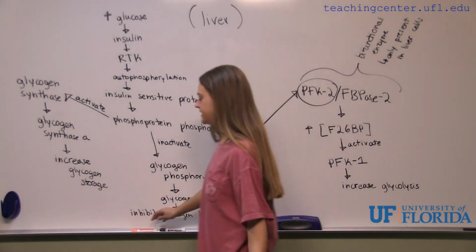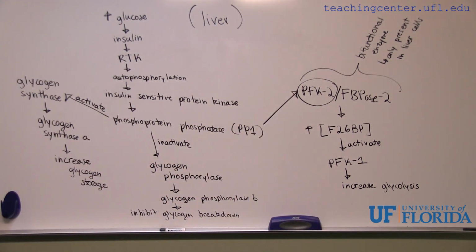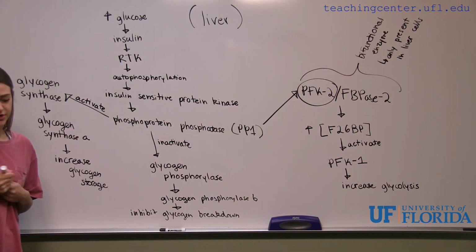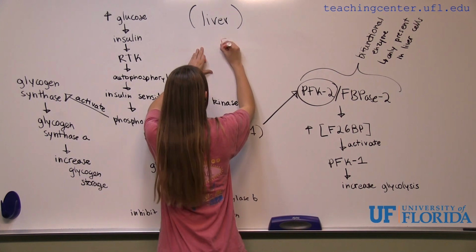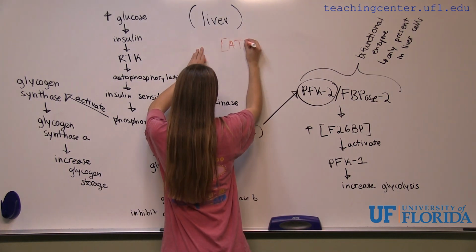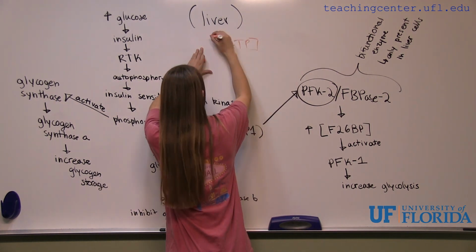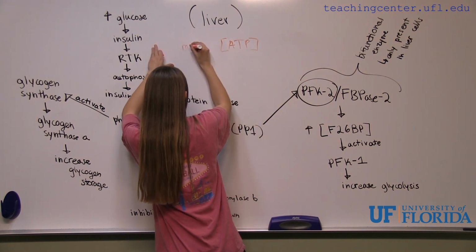The only thing that needs to be noted here for the difference between liver and muscle cells, and I'm going to note this in the orange marker, is that in muscle cells, if you have high ATP, I'll put muscle right here.